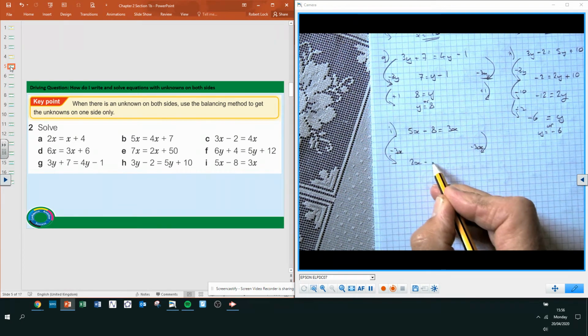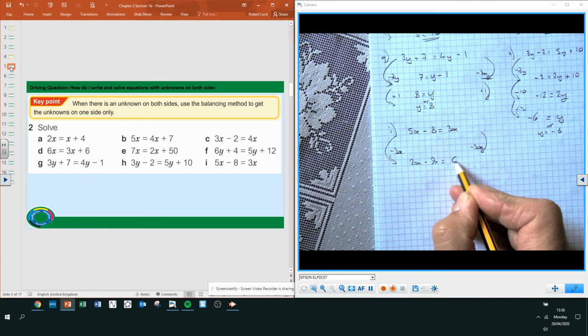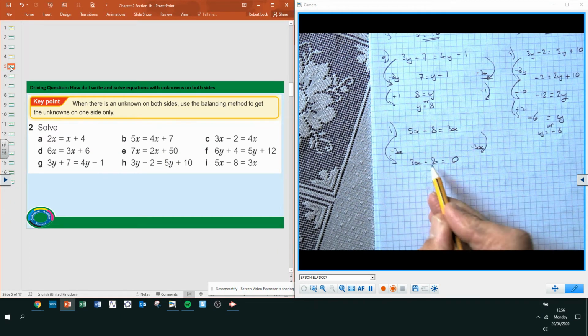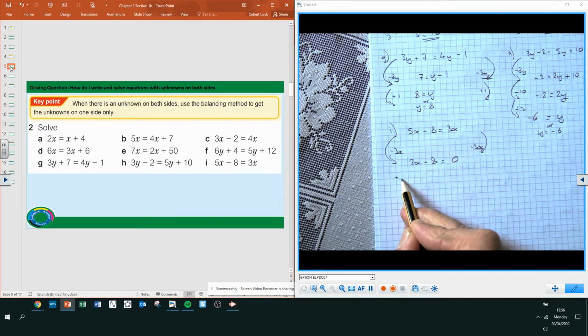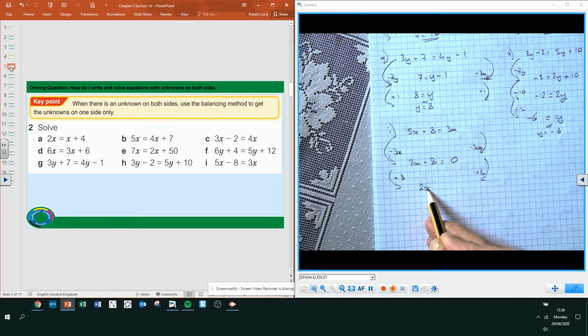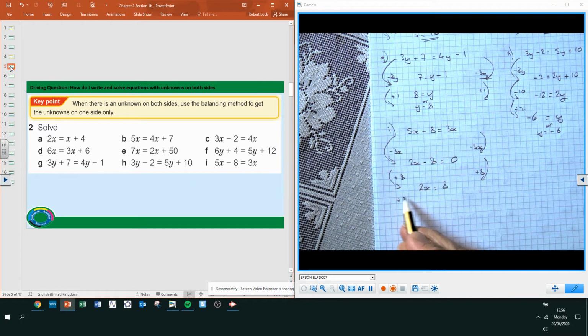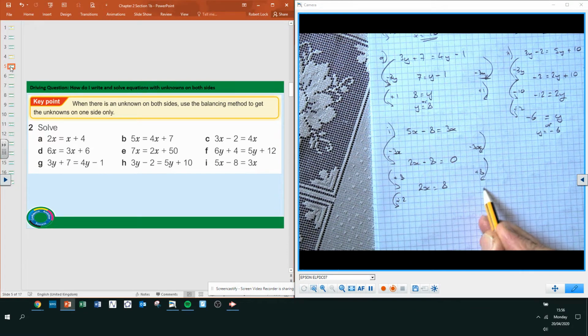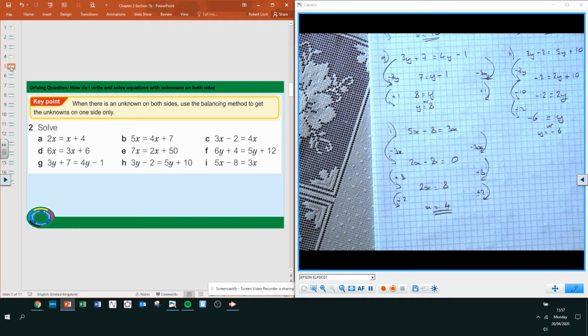That becomes minus 8 equals nothing. We want the letters on their own, so get rid of the minus 8, so plus 8 on both sides. End up with 2x equals 8. And then we divide by 2. Then what? Get x all on its own. And x equals 4.